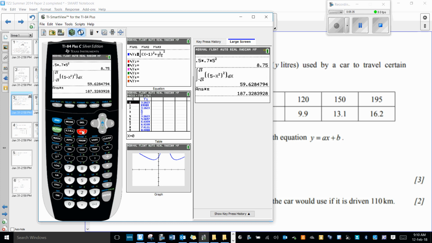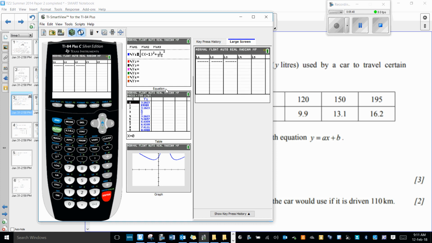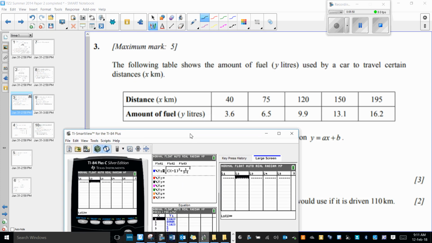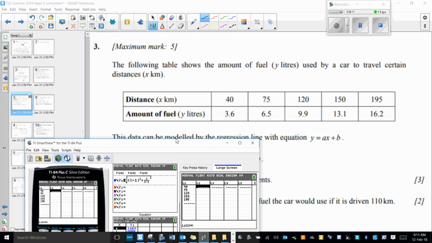So start clear list. List 2. $40, $75, $120. $3.6, $6.5.